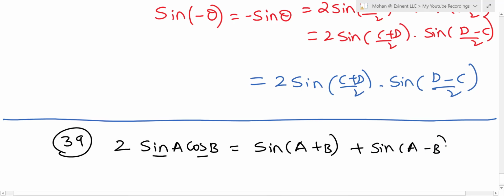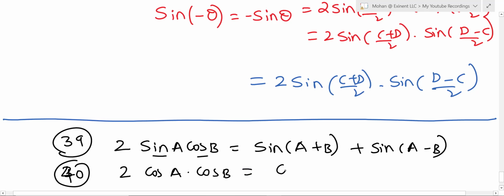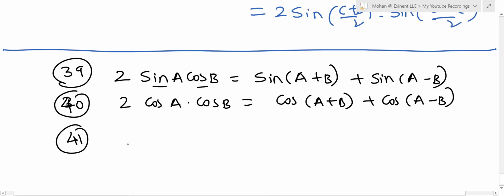Okay. Now, next one is, what if I have both cos's? That is 2 cos A into cos B. That will become cos of (A plus B) plus cos of (A minus B). If I have both the sines, I will try to write both, but try to understand here.